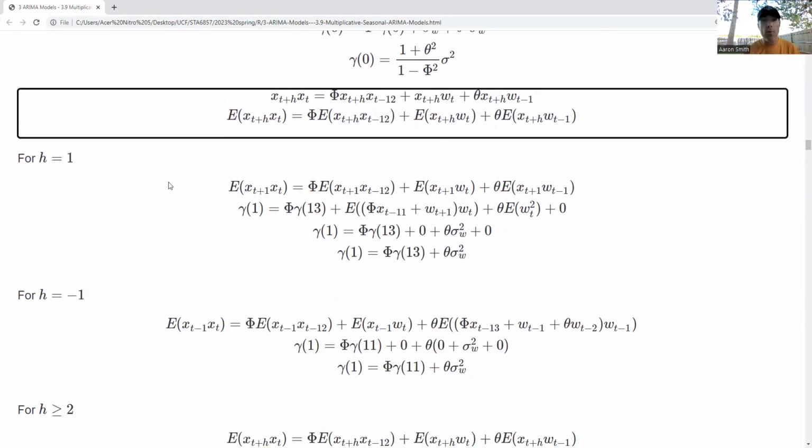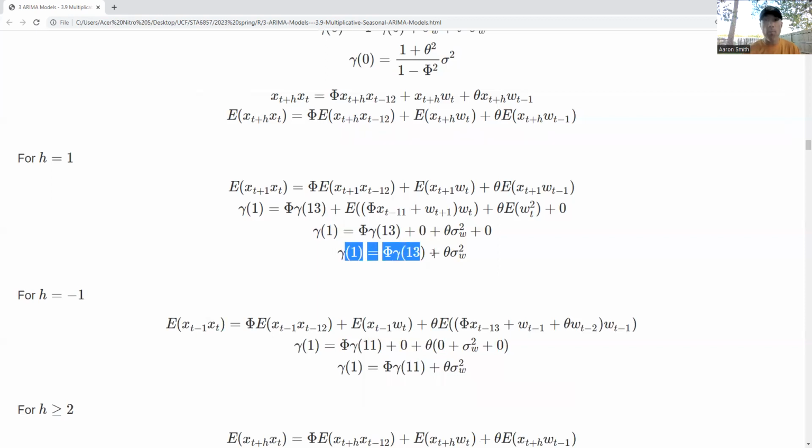All right, so if I put h equals 1, I get this relationship, which we'll see in another presentation in a moment. If I go h minus 1, which actually makes more sense for the calculation because we're talking about lag, then I can see that in this calculation, we've got these two values. Well, that's just going to be autocovariance of lag 1 here.